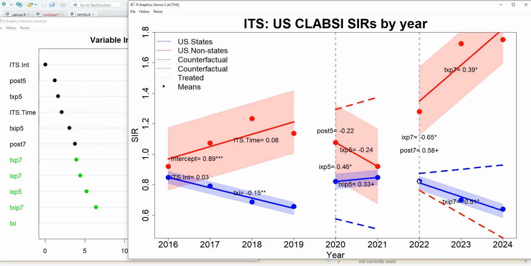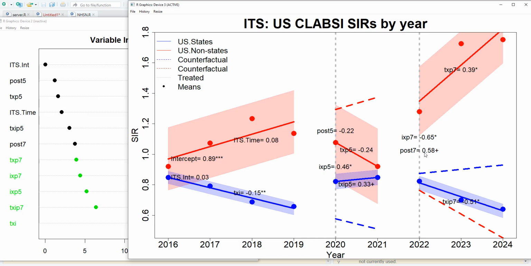If you cover up the red part on this graph, we probably wouldn't have expected that to be as high as it was. So what the results tell us is that our U.S. states were able to have more stable or consistent results rather than a big jump in our SIR like we saw with our control group.